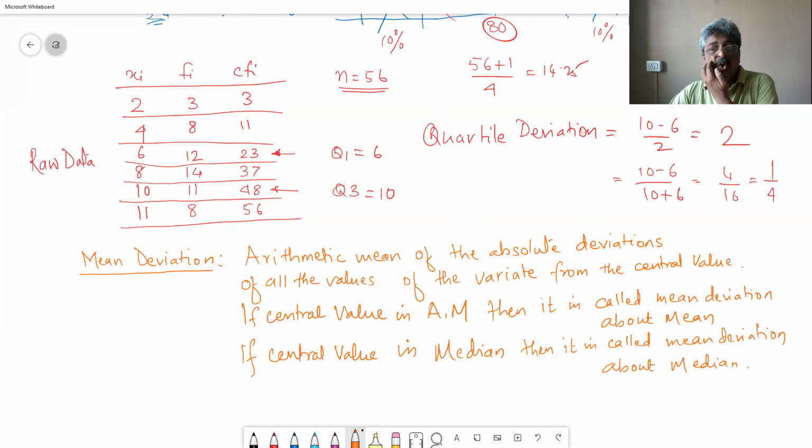This is important. This will give a better idea. Suppose I have a class with an 85% average, the lowest marks a student has got is 80 and the highest is 90. So it is a highly homogeneous class. But if I have a class with an 85% average, the highest is 100 and the lowest is 10, then it is a heterogeneous class.